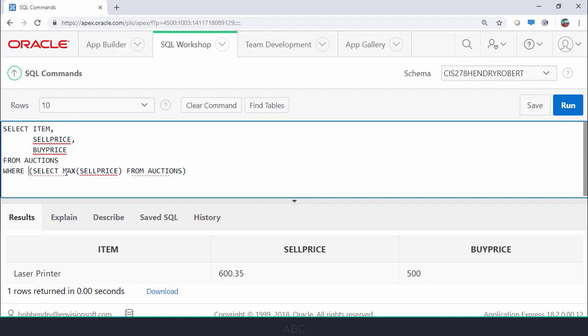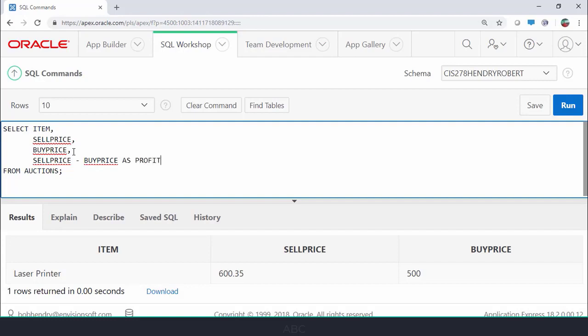We could say select, and let's go back a little bit. Let's take this step by step. Again, we have item, sell price, and buy price. And we'll put in sell price minus buy price as profit.